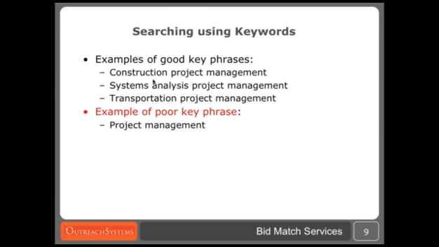Let's make sure we put these keywords together. Otherwise, the client will match on all these types of project management, and if they only do construction management, then they certainly aren't going to want to look at system analysis project management. And that also is true for program management. I would say project management and program management are probably 2 of the most common key phrases that we see, and yet they produce a lot of mismatches and bad results for the clients.